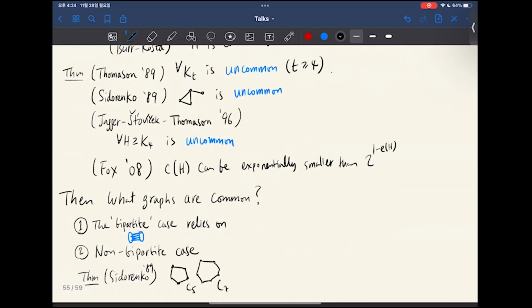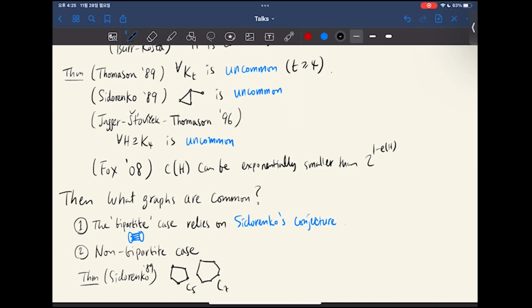The bipartite case entirely relies on the famous conjecture of Sidorenko. So far, all the known examples of bipartite common graphs satisfy Sidorenko's conjecture, and it is an easy consequence of Sidorenko's conjecture that any bipartite graph that satisfies it is common.